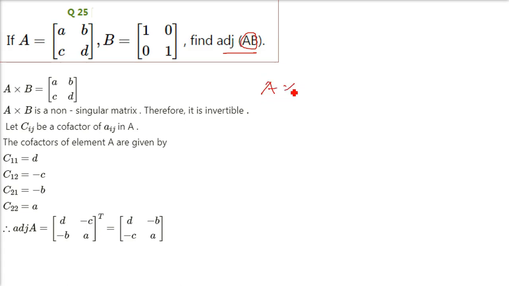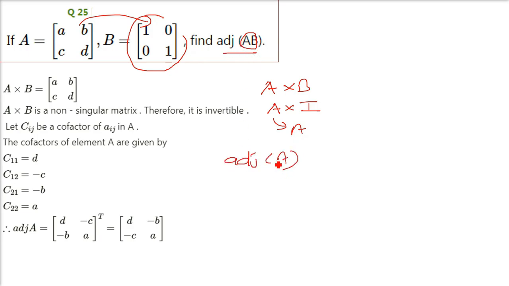Once you multiply any matrix with the identity matrix, that matrix is going to come back, right? So A multiplied by I, because B is nothing but I, is equivalent to the same matrix A. So essentially, adjoint of AB is nothing but adjoint of A.